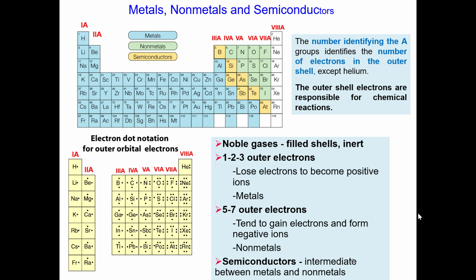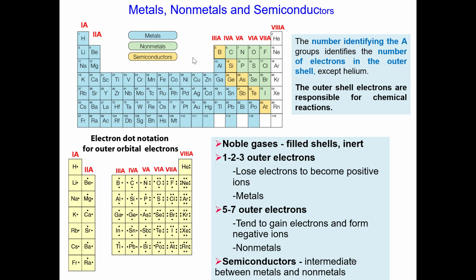To review, now we know the noble gases don't react with any other element because they have the outermost shell filled. Also, we can say they are inert. The groups with 1, 2, and 3 outer electrons usually lose electrons to become positive ions, and this happens in the case of the metals.